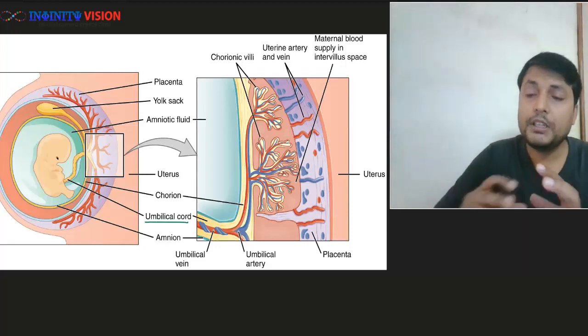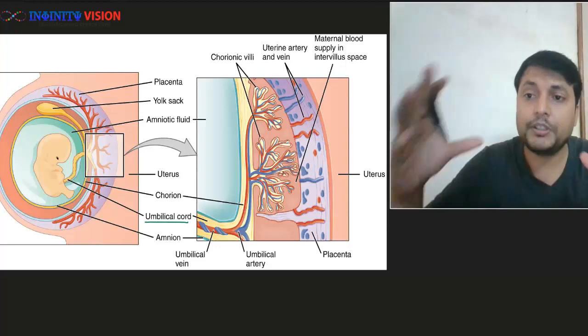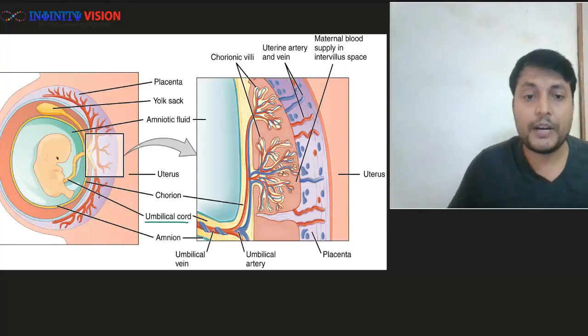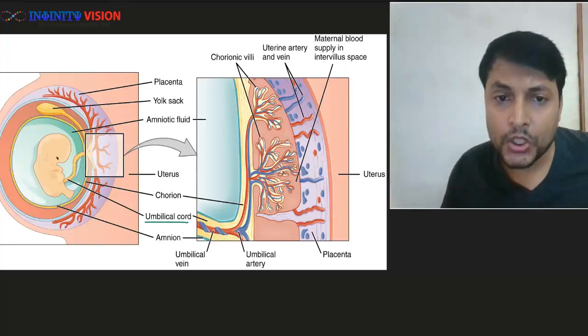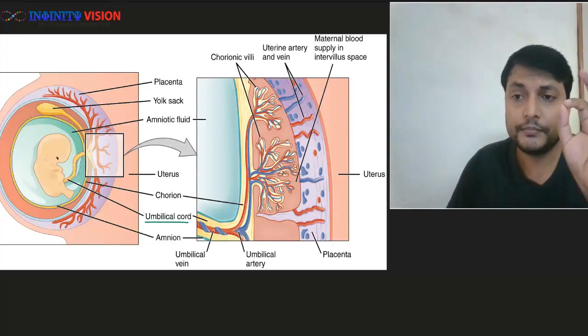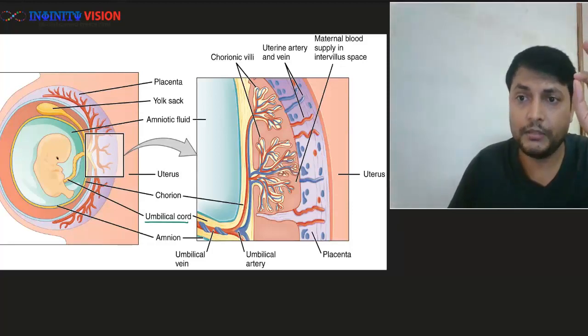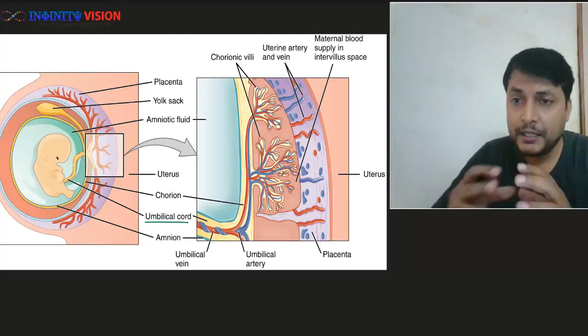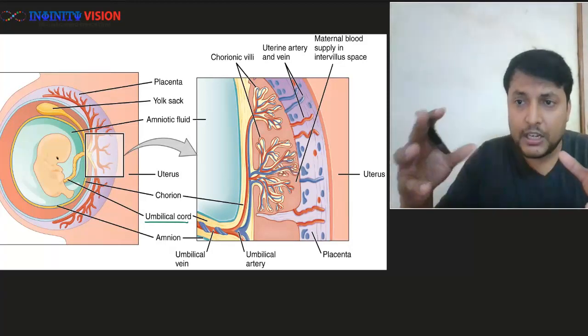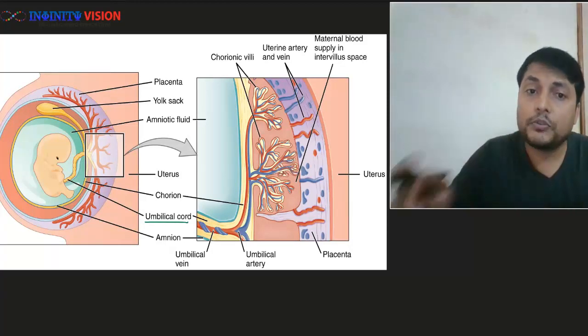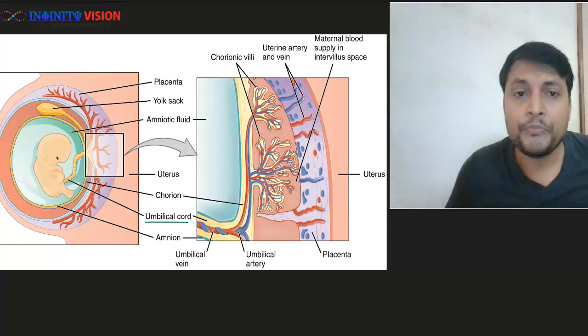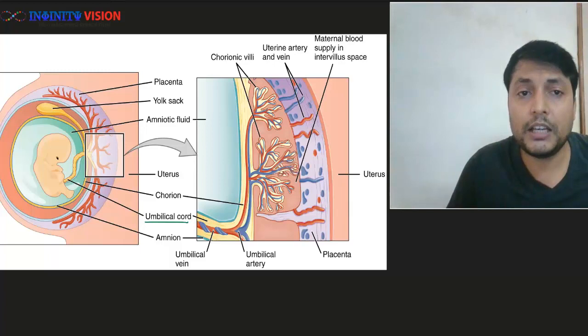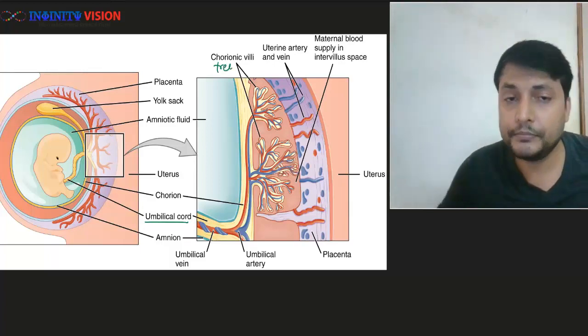If we zoom in and try to study the placenta, what we find is, see, those chorionic villi of the embryonic stage, as the fetus develops, the chorionic villi also develop, and now it forms a tree-like structure called the chorionic tree.